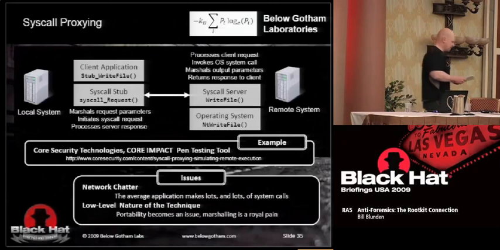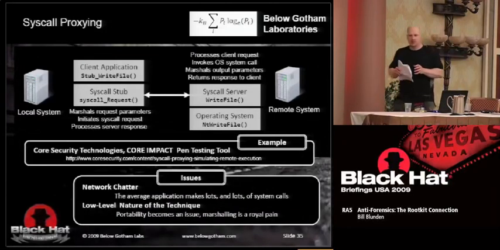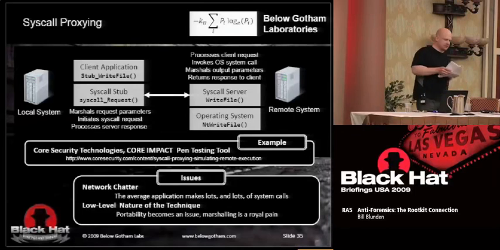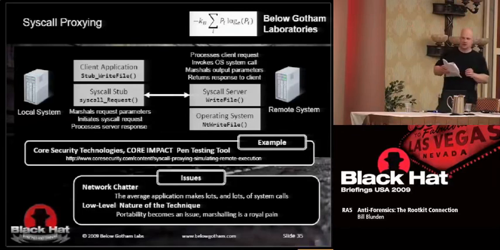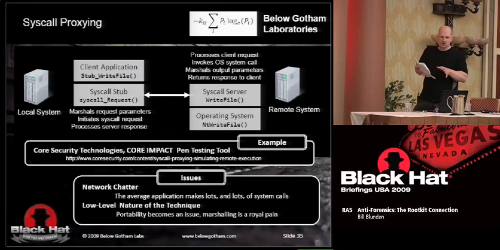So syscall processing, that's a memory-resident technique which is basically reminiscent of low-level RPC. You have this application that's running on the attacker's machine, but the system calls that it's making are occurring on the targeted remote system.